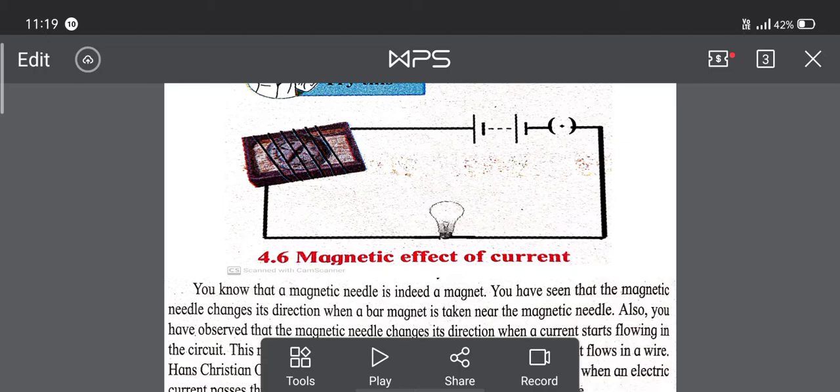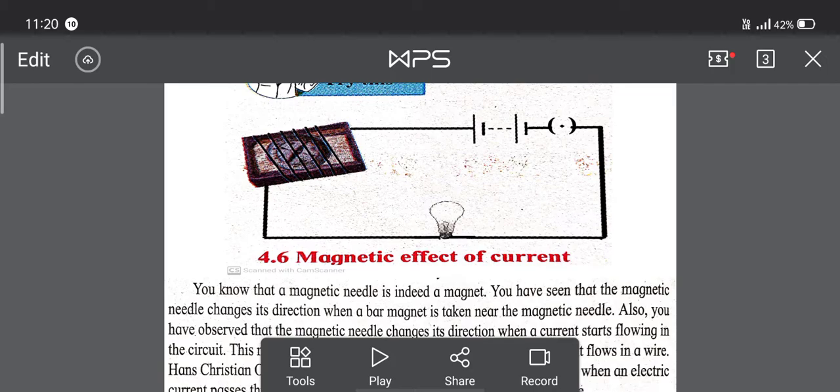Now keep looking at the needle and close the plug key. The bulb will light up and you will realize that the current has started flowing through the wire or the circuit. Does the magnetic needle change its position? Yes, the magnetic needle changes its position, because when a current starts flowing in the circuit, the magnetic needle changes its direction. Now open the plug key.